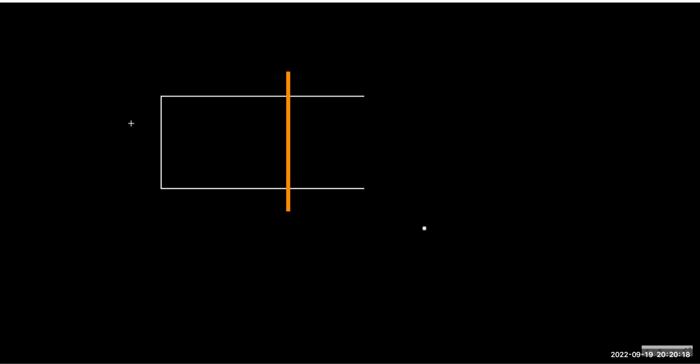Let me complete the circuit. So we can attach some resistor here. And this entire arrangement is immersed in a transverse magnetic field.